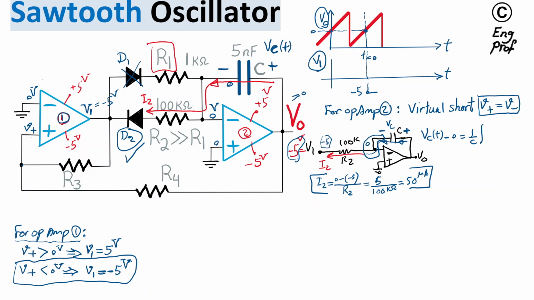So we get the voltage of the cap, which is Vout, because Vout is equal to Vc, simply I2 over C times t.